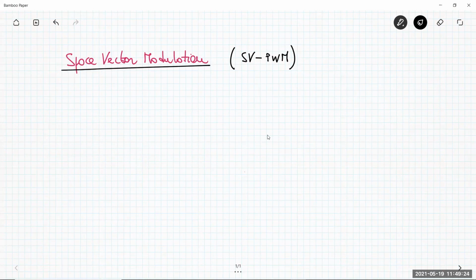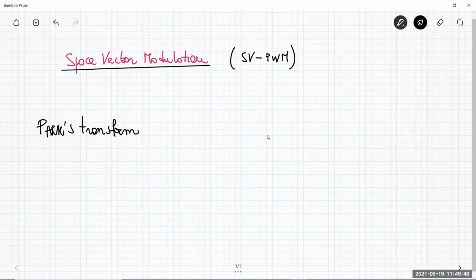In order to understand which is the core of these modulation techniques, we have to start by some not so complicated, I have to say, very simple math. That is the Park transform. What is the Park transform?